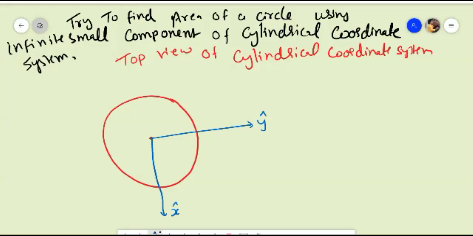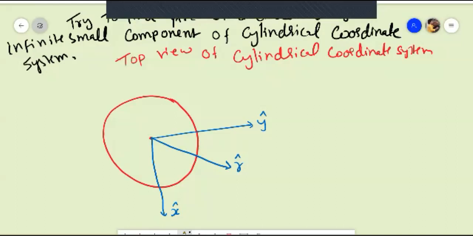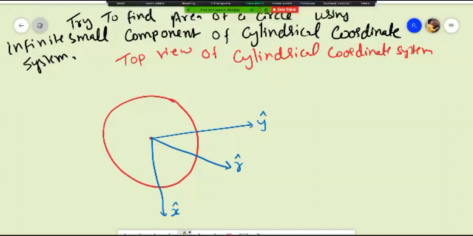So we can just assume this direction, and this will be our r cap. Okay, let us assume that this angle is our phi.